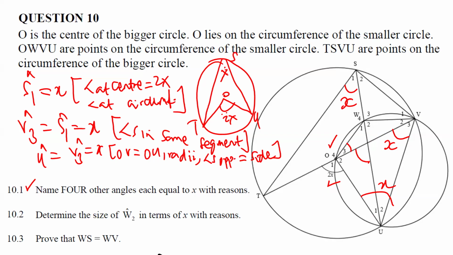But it's easy. W1, there it is. This is it. W1 is actually exactly equal to the angle V3, which equals X. Why would W1 be V3, which is equal to X?